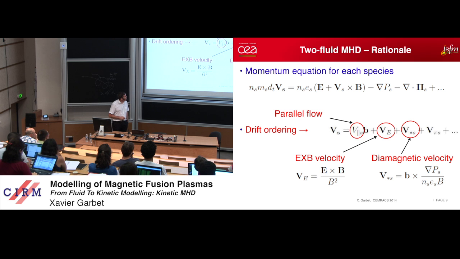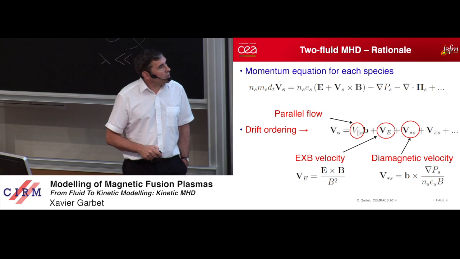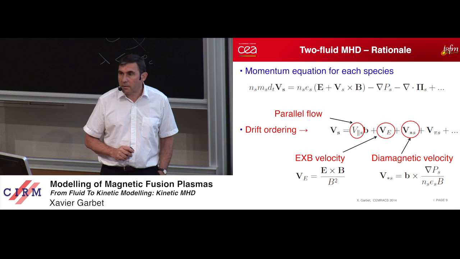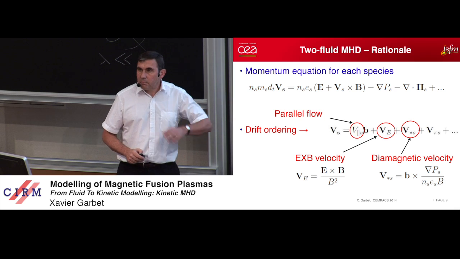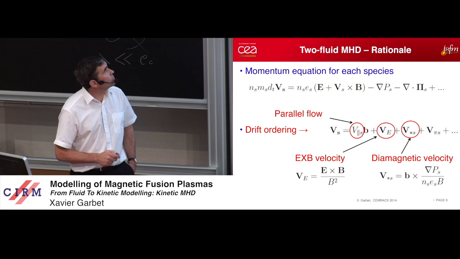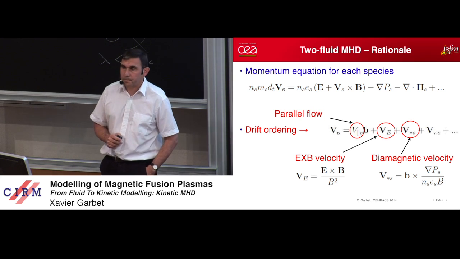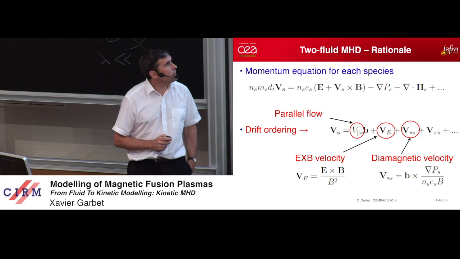It's a cross product between the field, this is a unit vector along the field, this is pressure gradient, density, charge, field, plus plenty of other terms, which supposedly are small. And I didn't put here one, which is coming from the time derivative, the inertial term that you have to keep in principle.